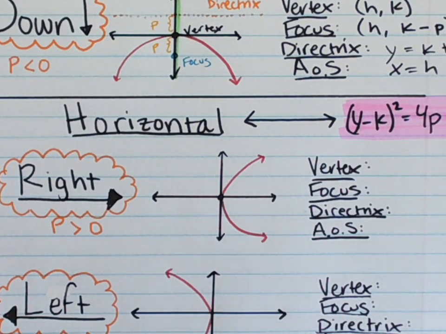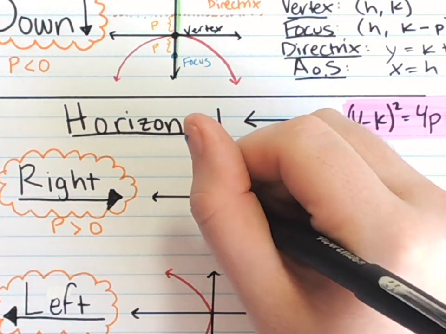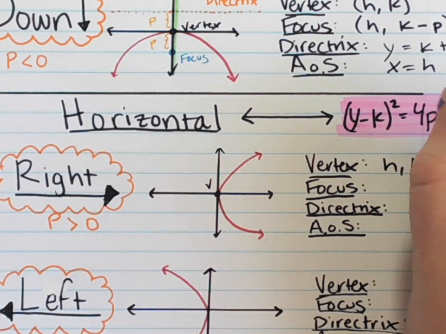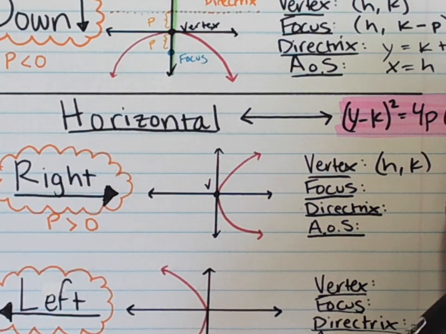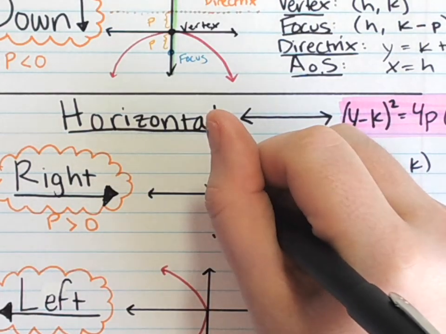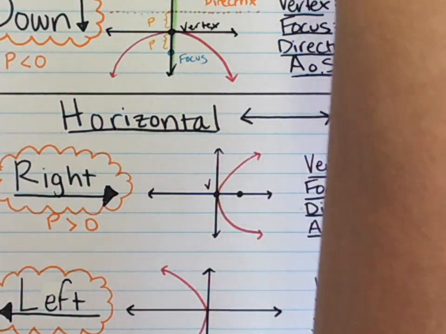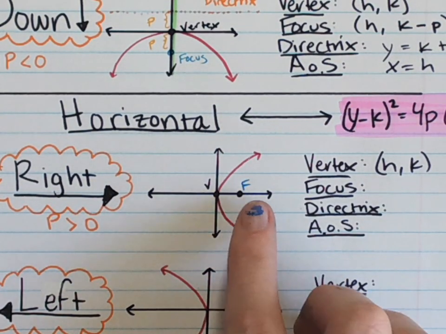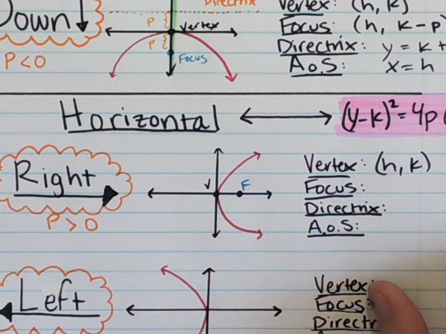We are going to have, I'm going to put V for vertex. Vertex right there, so it's h comma k, whatever the point might be. Our focus is going to be inside the parabola. So if I put my focus there, how is that adjusting from the vertex?